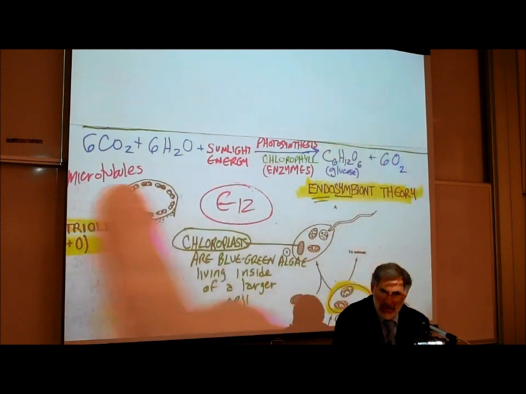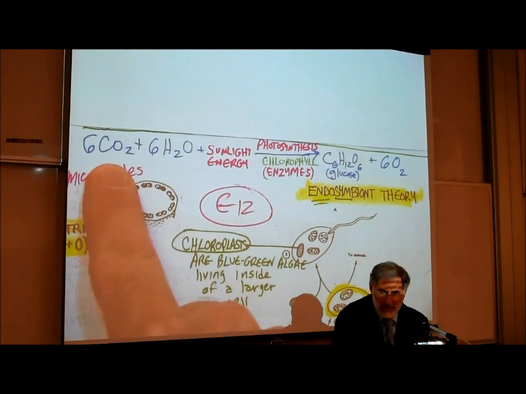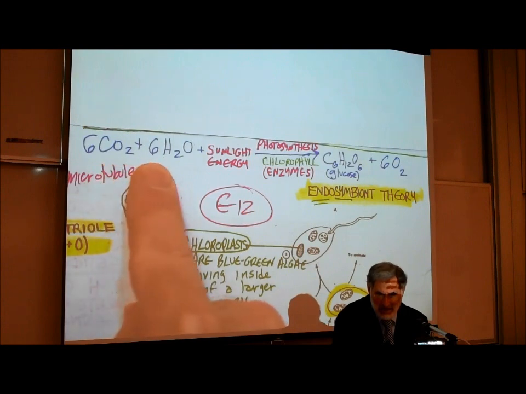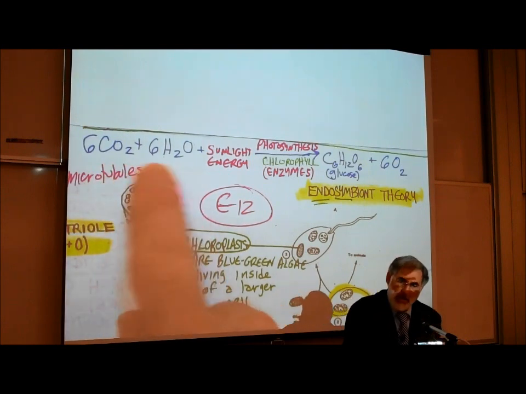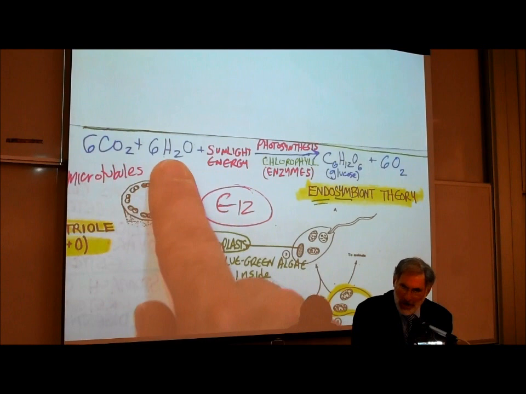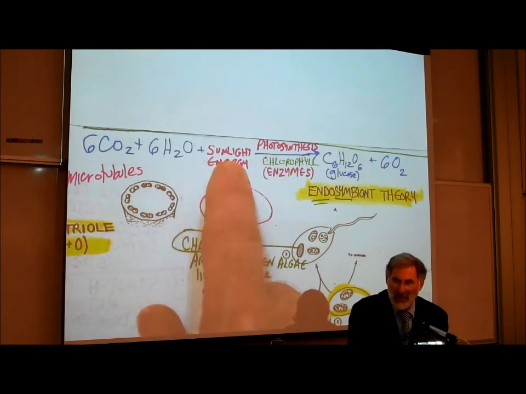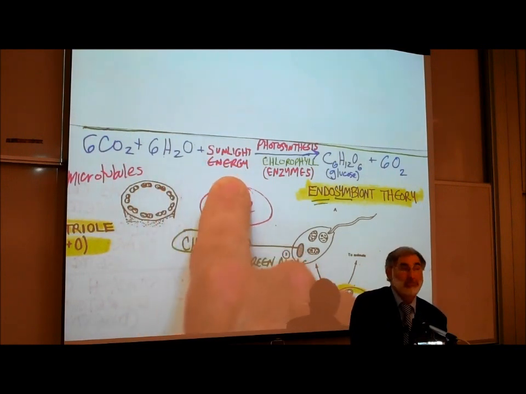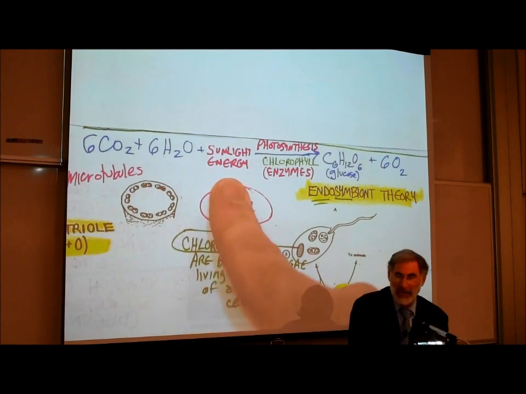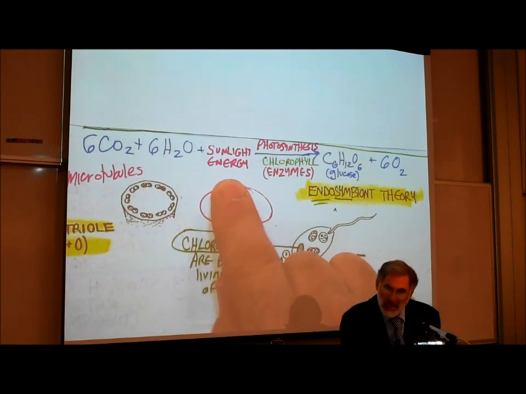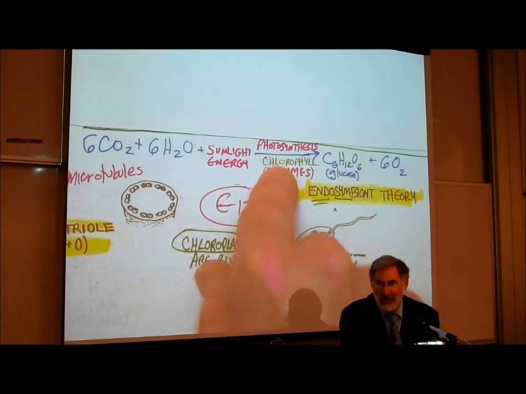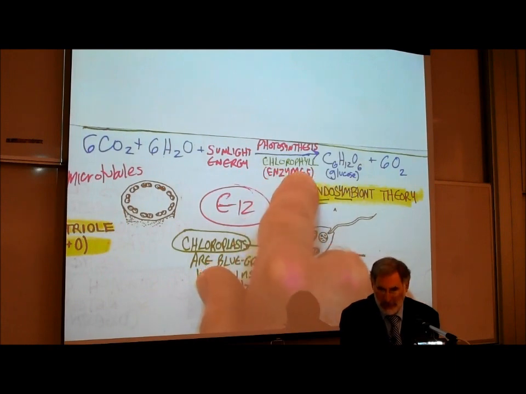Photosynthesis uses carbon dioxide, specifically 6 molecules of carbon dioxide and 6 molecules of water. Carbon dioxide and water molecules are joined together using sunlight energy, or light energy. It doesn't have to be from the sun, it could be from a light bulb. Now, what captures that light energy is the green chlorophyll. That absorbs the light energy.